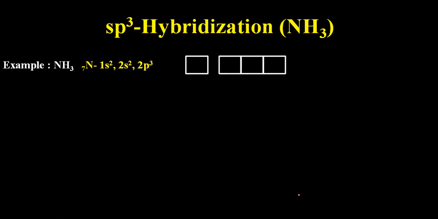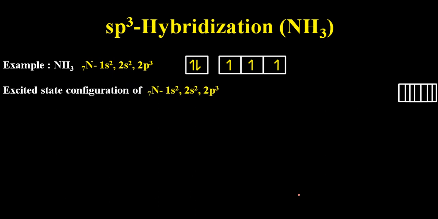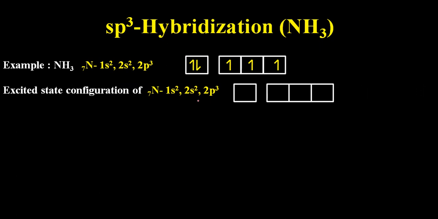In case of ammonia, central atom is nitrogen having 1s2, 2s2 and 2p3 electronic configuration. In case of excited state configuration, we can have the similar type of configuration, because excitation of electron from 2s to 2p subshell will result same, a pair of electrons and 3 unpaired electrons.